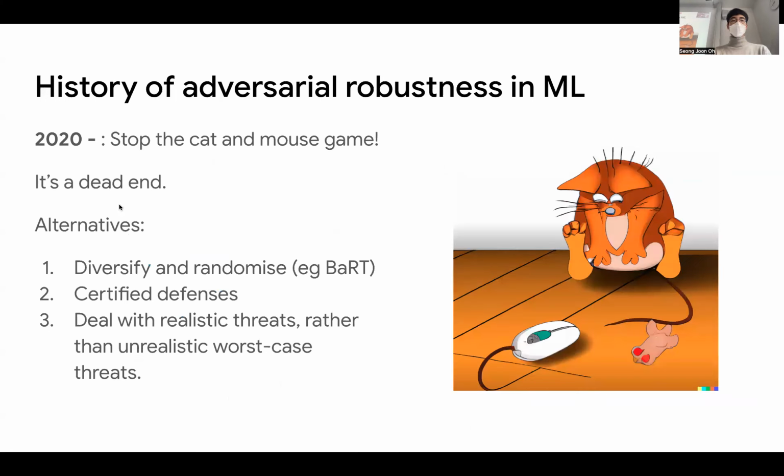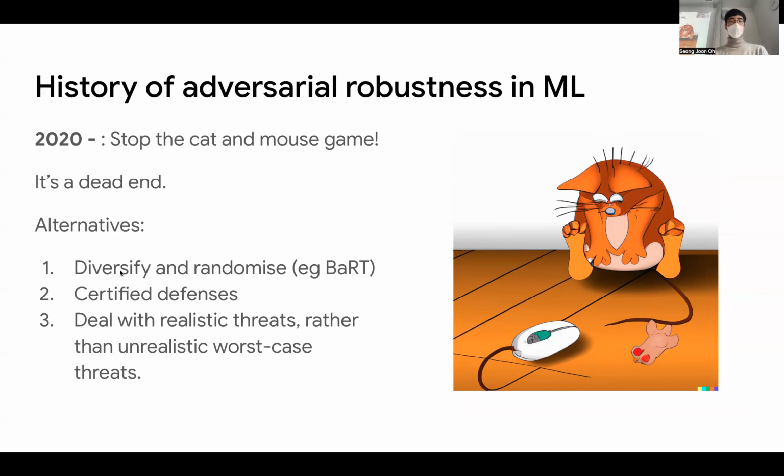And then I stopped following this field. I thought this is a good example of a dead end because you're spiraling around attack and defense. It's like a cat and mouse game, right? So I looked into different alternatives here.